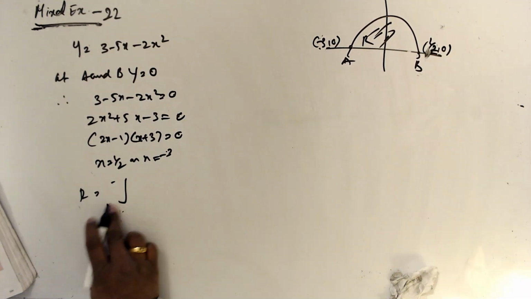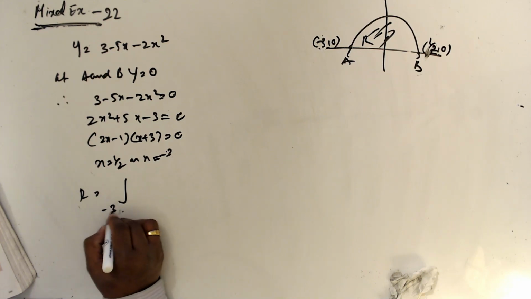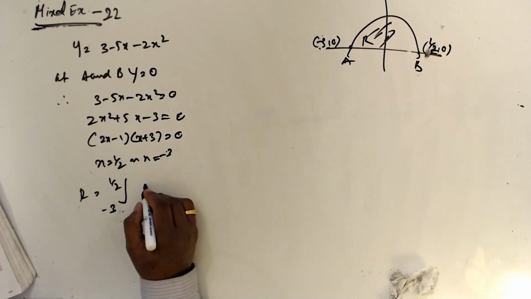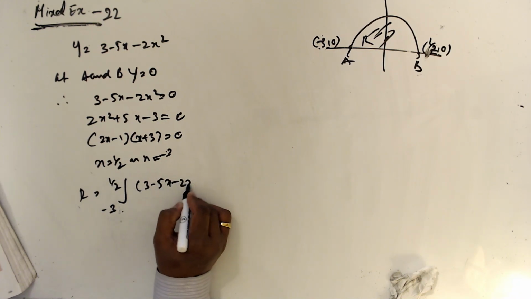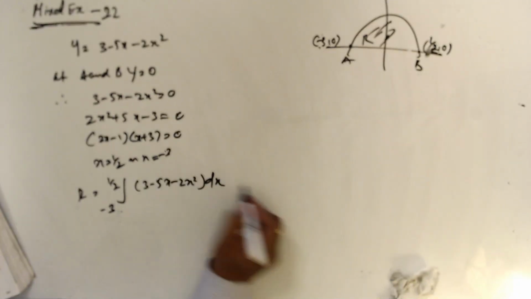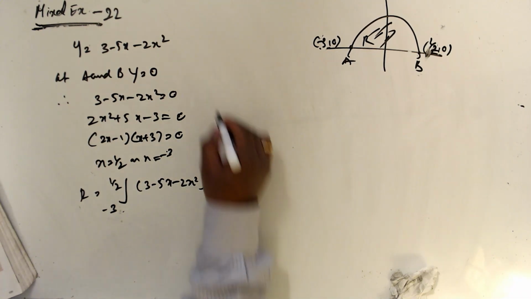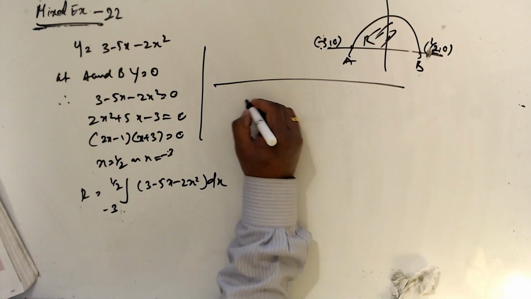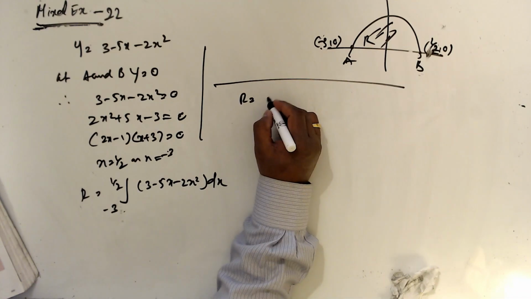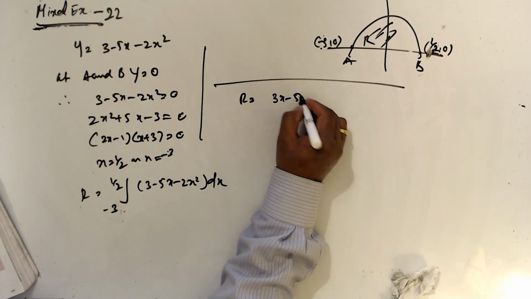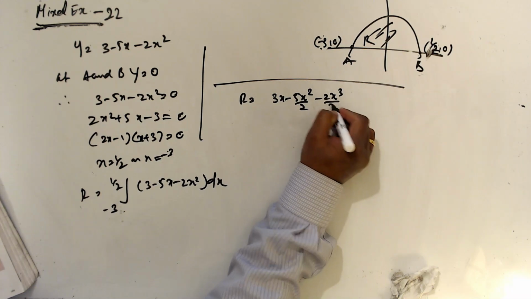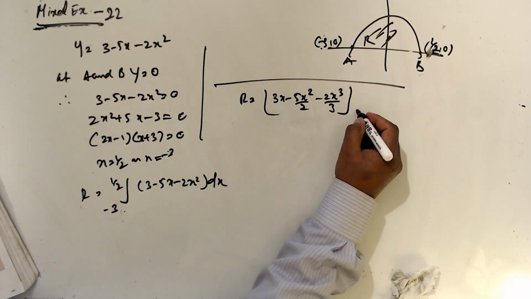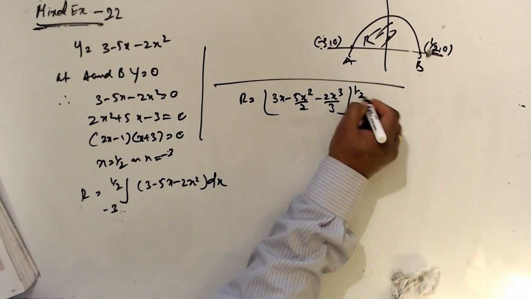So this is going to be minus 3 to half of 3 minus 5x minus 2x square dx. You need to integrate. So area equals 3x minus 5x square over 2 minus 2x cubed over 3. This is going to be minus 3 to half.